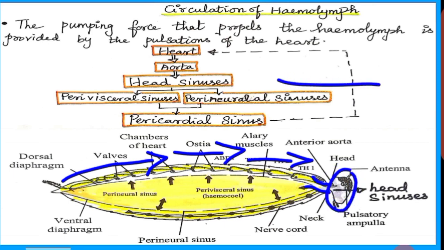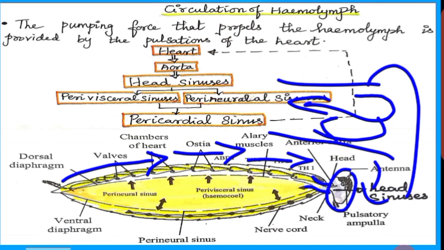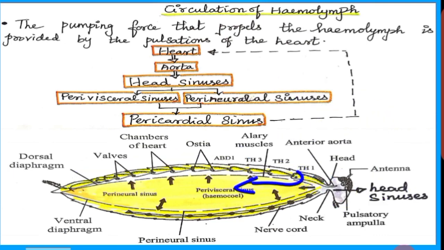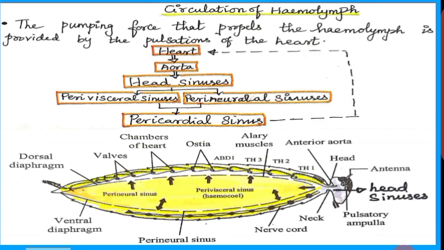From the head sinus, the blood flows into the perivisceral sinus and perineural sinus. Again, the blood enters into the pericardial sinus. After that, from the pericardial sinus, the blood flows into the heart again. Shall we discuss again?